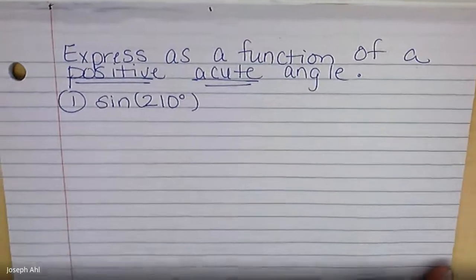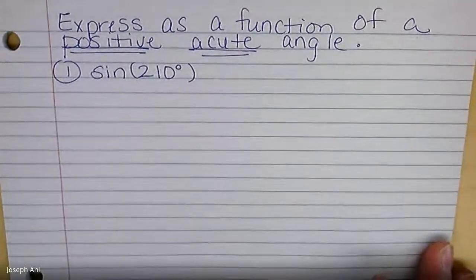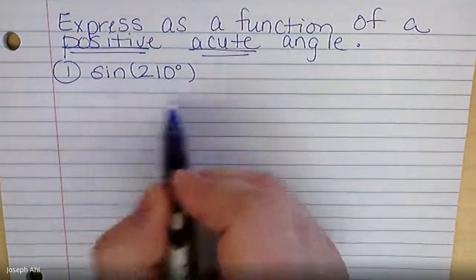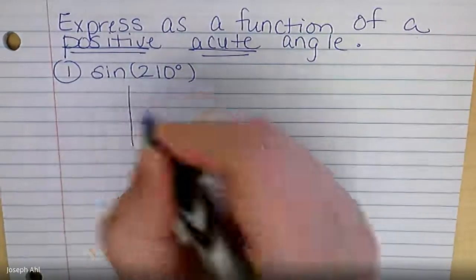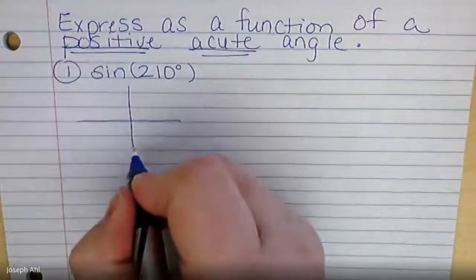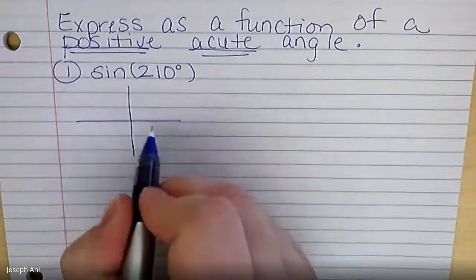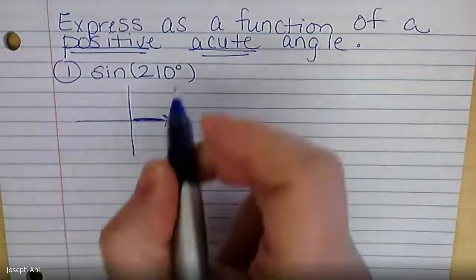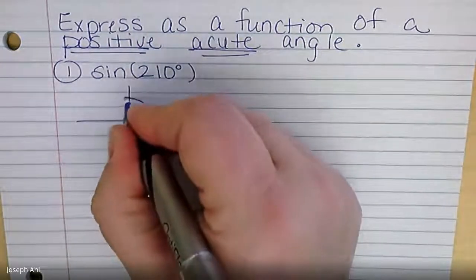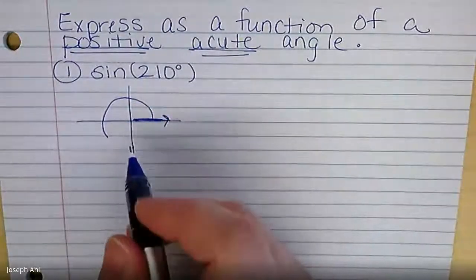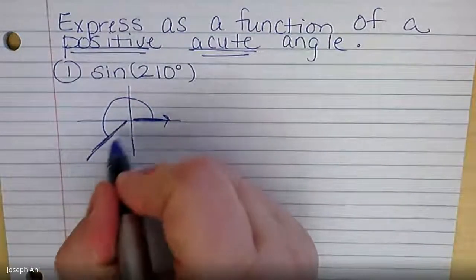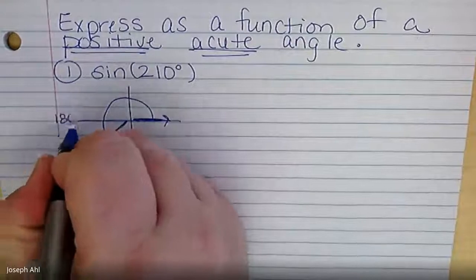In order to do that, the first thing I want to do is sketch the angle of 210. For each of these examples, you're going to sketch where that angle would terminate. Here's the initial side. Since it's positive, you're going to rotate counterclockwise. 210 is going to terminate in quadrant 3 somewhere, right? Because it's somewhere from 180 to 270.